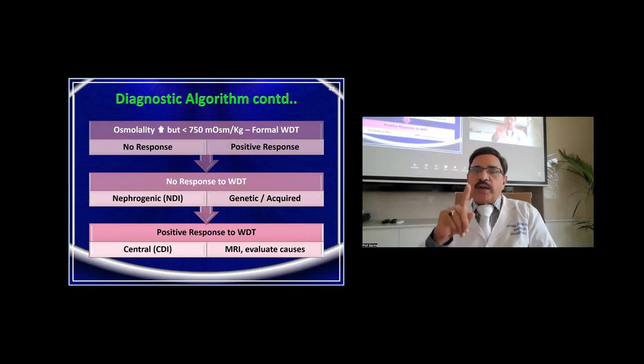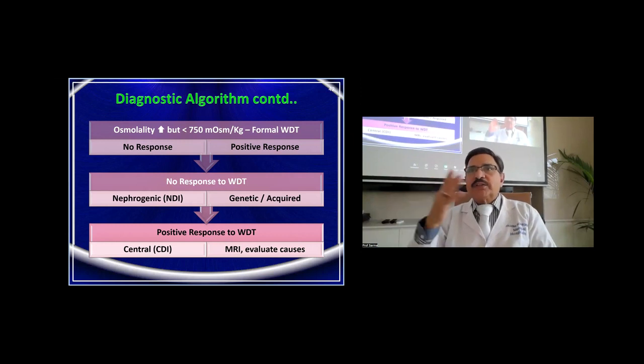So when I deprive water for 24 hours and I give exogenous vasopressin from outside, if it is due to the pituitary deficiency, this exogenous vasopressin will act on the kidney and produce an increase in the osmolality of the urine.